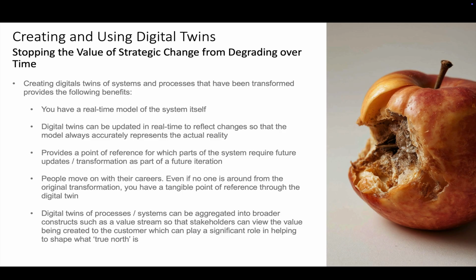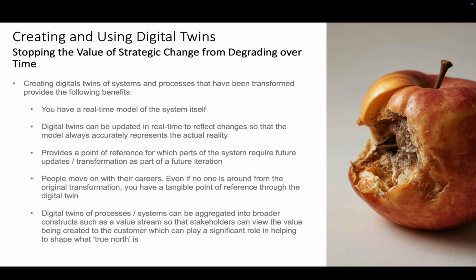Digital twins of systems can be aggregated into broader constructs, such as a value stream, so that stakeholders can view the value being created to the customer, which can play a significant role in helping to shape what true north is. A value stream, which comes from the world of lean-based system improvement, is the complete set of steps, including people, processes, and systems, required to design, produce, and deliver a product, service, or experience to an external or internal customer.